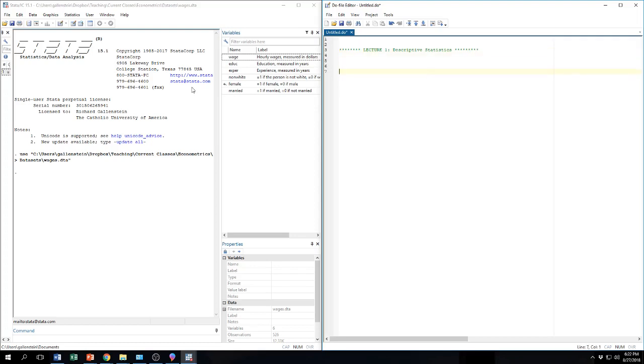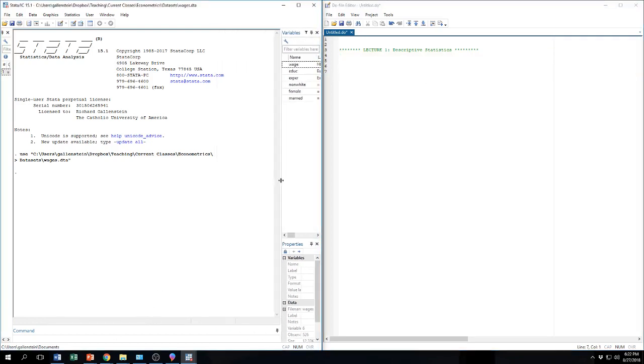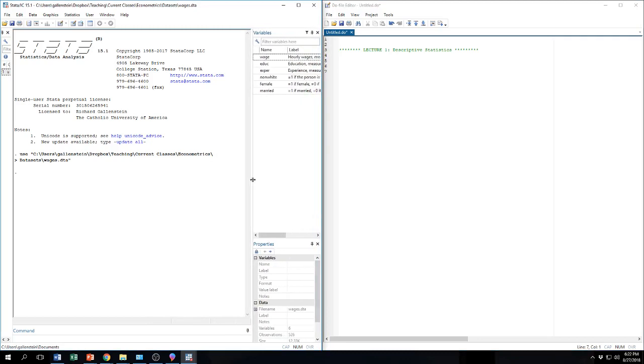Now what I want to do, looking at Stata here, is go through what we looked at in the lecture and make it tangible for us. How do we use this practically speaking? For many of you, the concepts that we've gone over are review. But now I want to make this tangible and relate it to how we might use it practically.